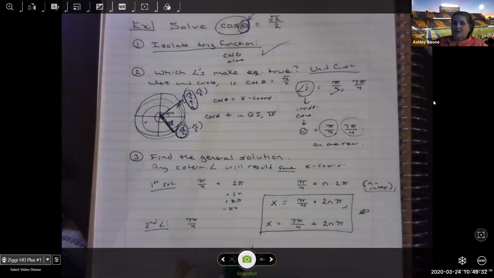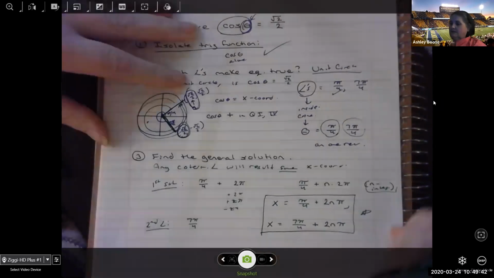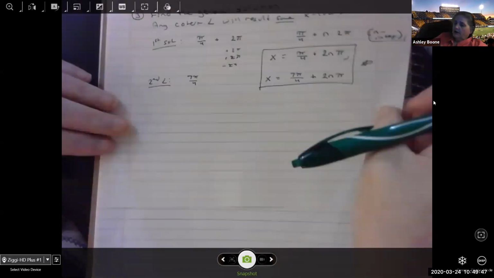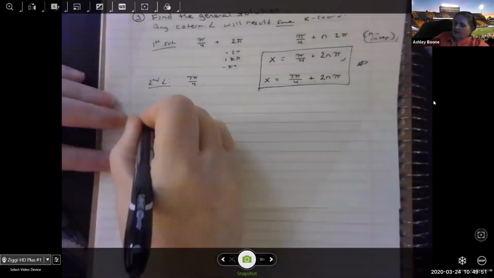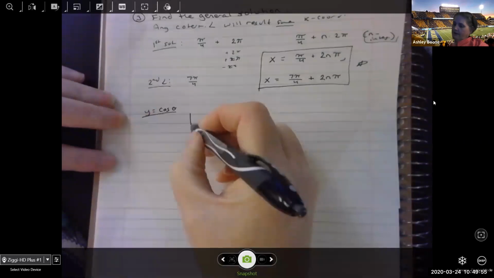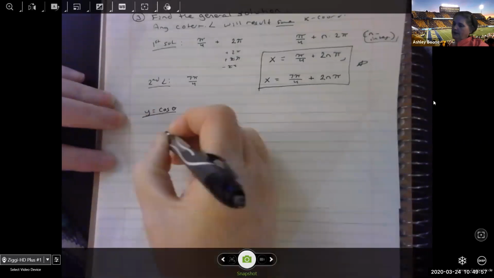Okay, as we go through and we look at those, this is what we do when we think about our steps. You could think about what cosine looks like if you wanted to think about a graph, and we don't have to go this far here, but think about the graph of y equals the cosine of theta. Back when we did graphing, I'll just do a quick sketch here.